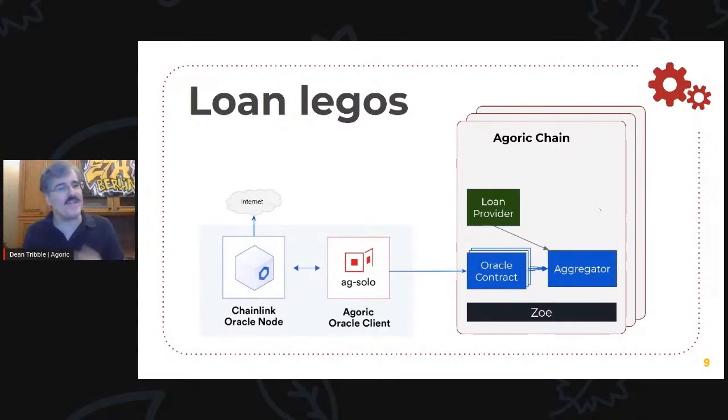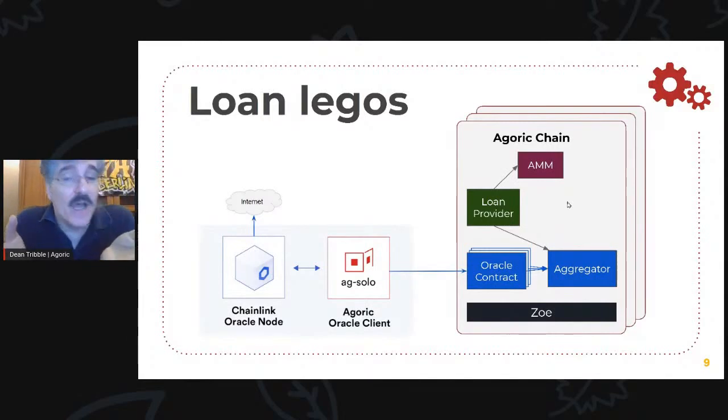But one of the key elements is we already have a loan contract. And the other thing that the loan provider needs is an AMM, where in our case, once the loan crosses a liquidation threshold according to the price feed that we get from out in the market, it will then liquidate on a local AMM. That's a useful architecture here, right?